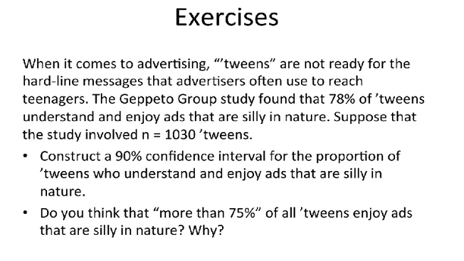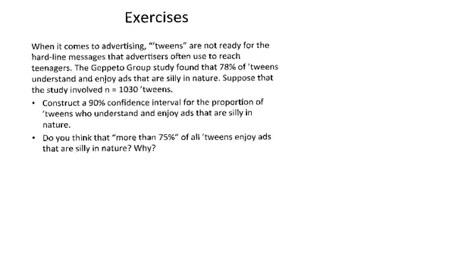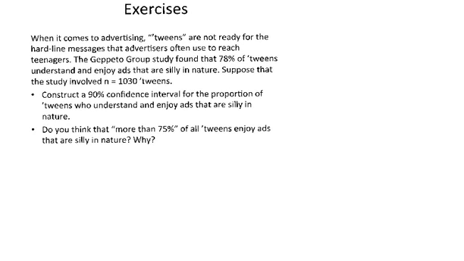The question is to find a 90% confidence interval over the proportion that understand and enjoy ads that are silly in nature, and then think if you could say that more than 75% actually enjoy these ads. So for this confidence, we need p hat, that is the estimated proportion. So we would say that this is 0.78.